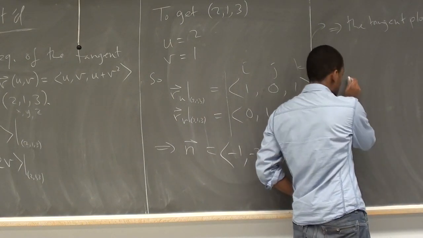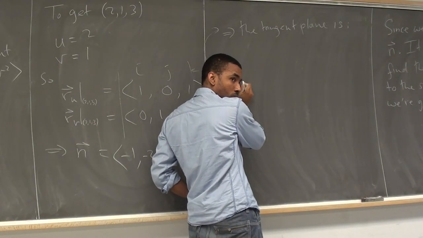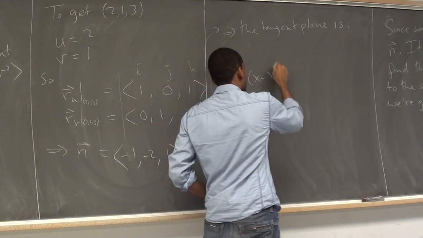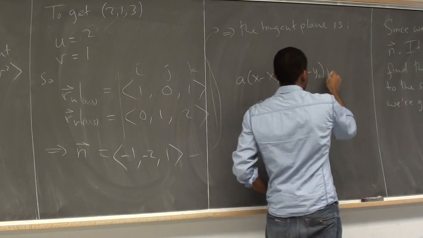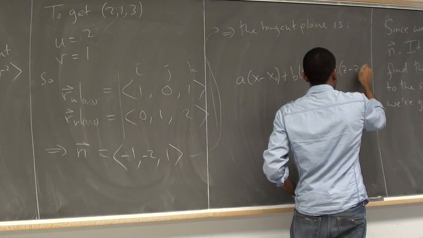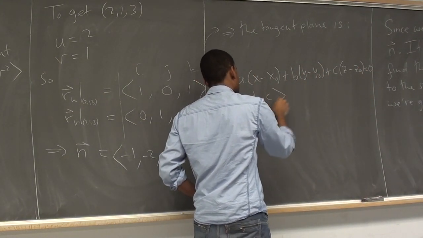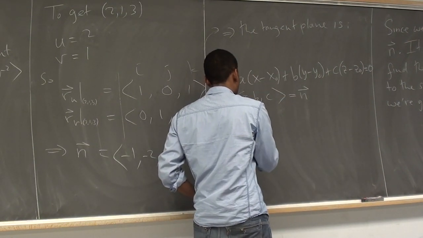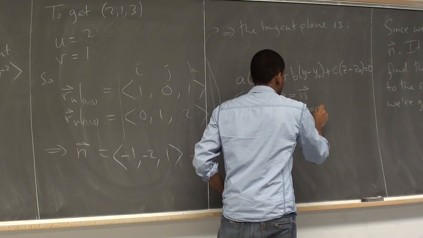The general form of a plane is what? A times x minus x naught, plus b times y minus y naught, plus c times z minus z naught equals 0. We know that a, b, c is the normal vector, and we know that x, y, z is the point.